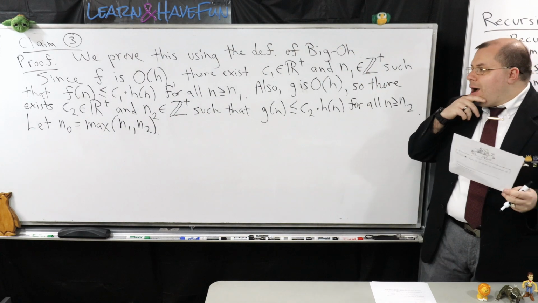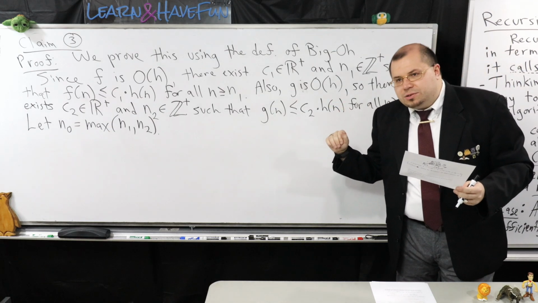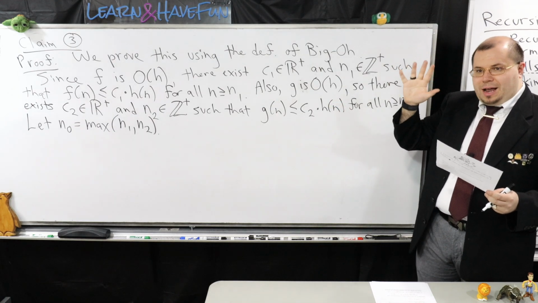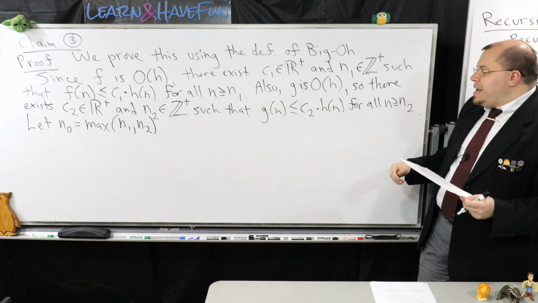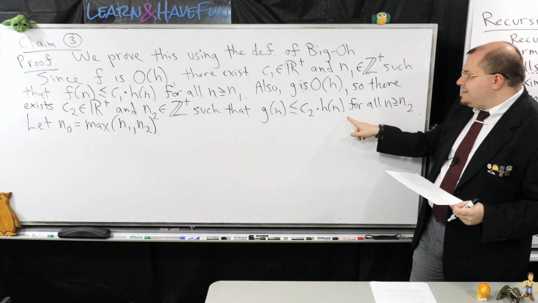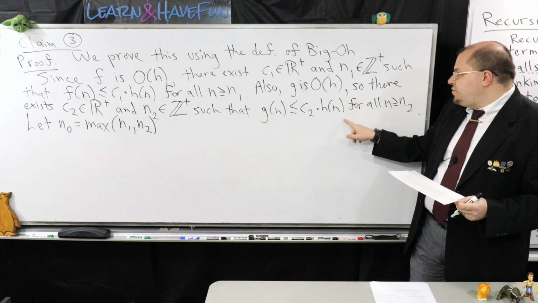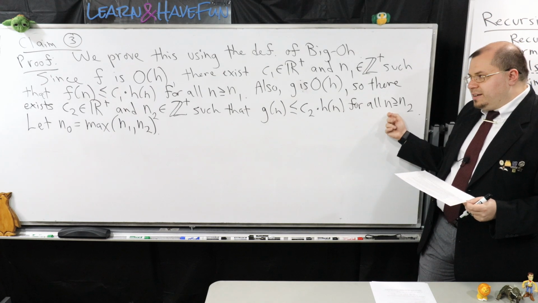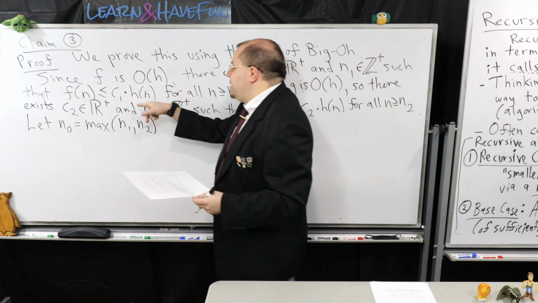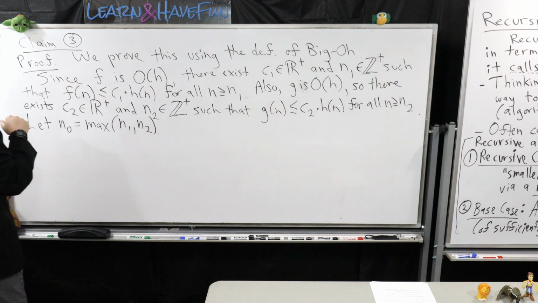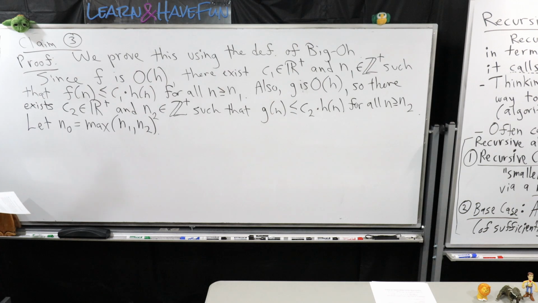You might ask, Dan, why would you take the maximum of these 2 things? Well, I'll give you the idea I have. We know that the inequality G is less or equal to C2 times H of n holds for all n greater or equal to N2, and we know the inequality F of n is less or equal to C1 times H of n is true for all n greater or equal to N1.